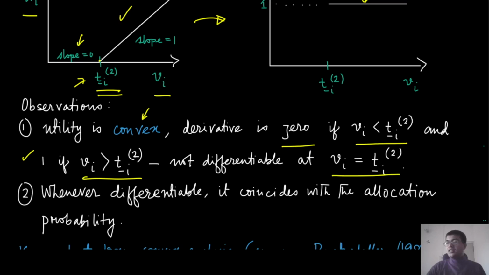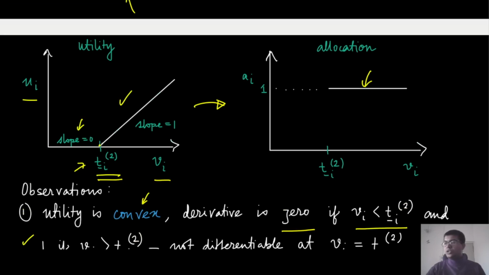But the other observation is that whenever it is differentiable, it actually coincides with the allocation probability. So you look at this, we told that at the point T minus I2, the allocation could take any value, so it does not really matter.